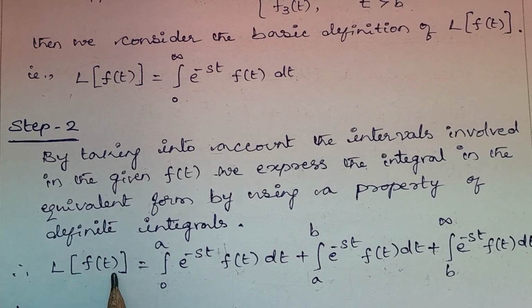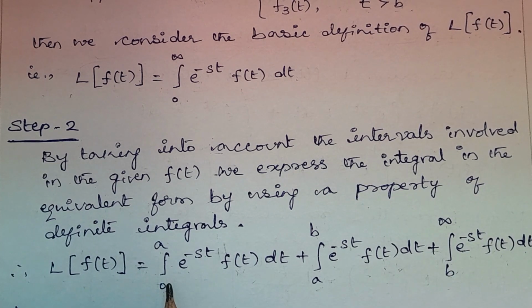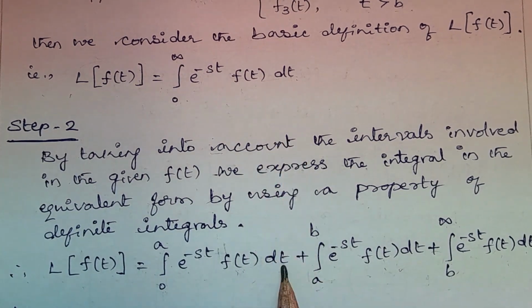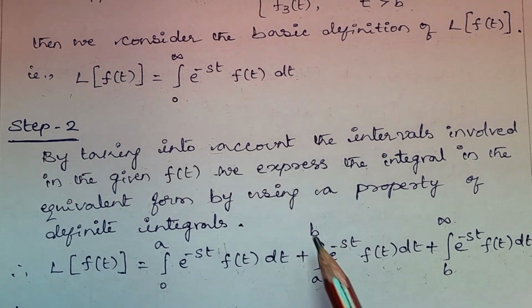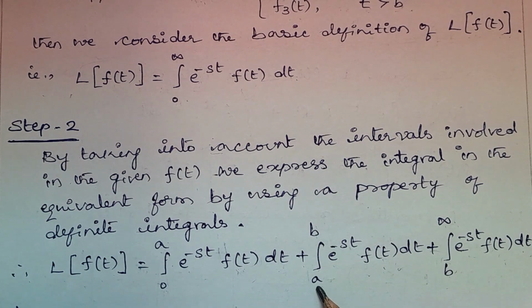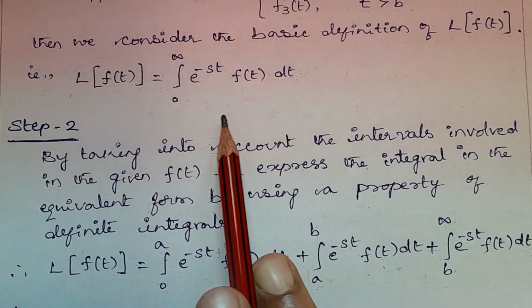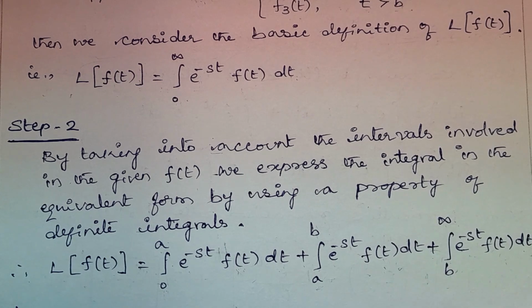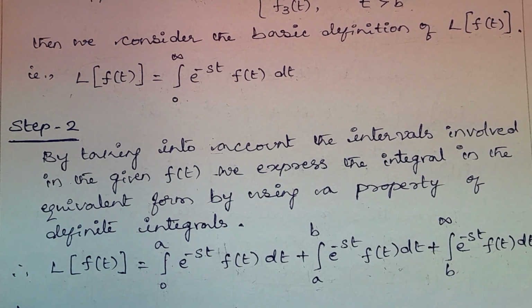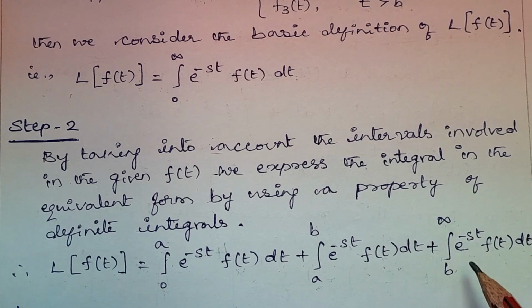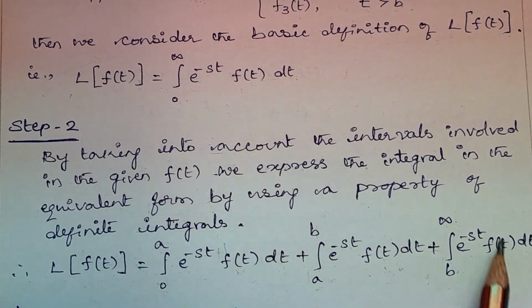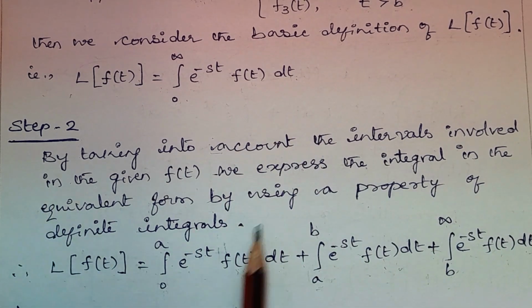Therefore, Laplace transform of f of t equals the integral from 0 to a of e power of minus st f of t dt, plus, when t varies from a to b, the integral from a to b of e power of minus st f of t dt, plus, for the third interval, when t varies from b to infinity, the integral of e power of minus st f of t dt. So this is step number 2.